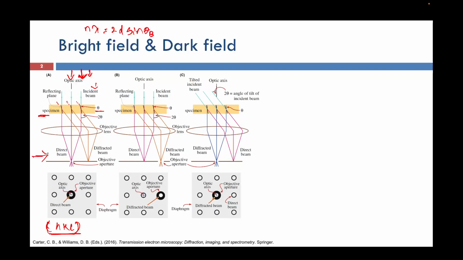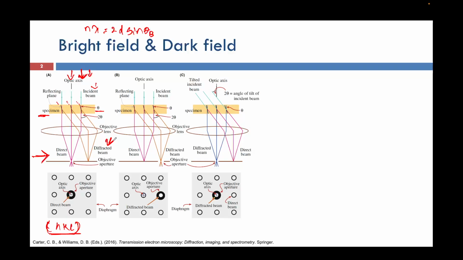Many names we can see throughout different textbooks. The second scenario is that the incident beam interacts with the Bragg planes. That means these electron beams get diffracted by the atoms lying in those Bragg planes. When the interaction and diffraction take place, that is called the diffracted beam, right?